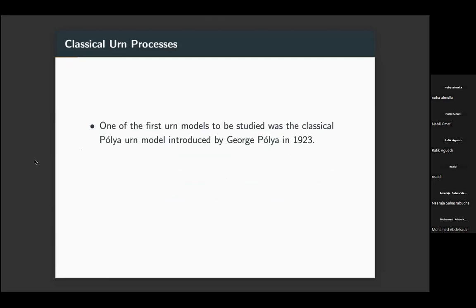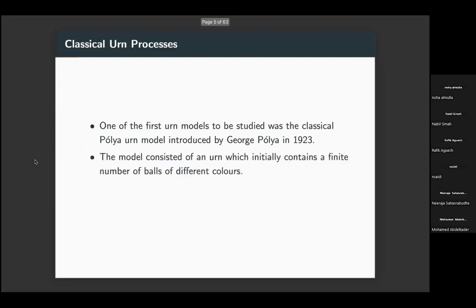The first most classical urn process, known as the Polya model, was introduced by George Polya in 1923. So what is this process? You start with an urn which contains a finite number of balls of different colors. We are going to stick to 2 colors only throughout.